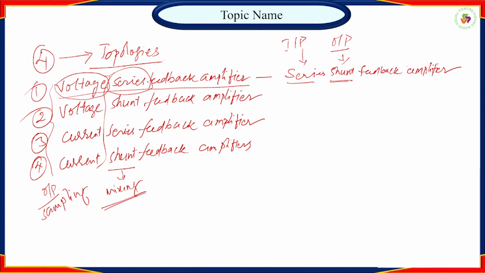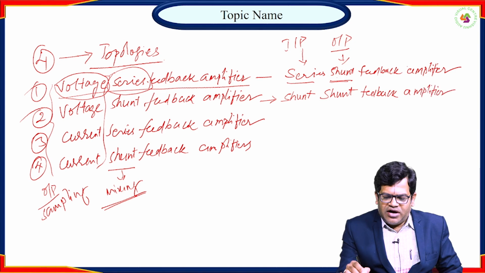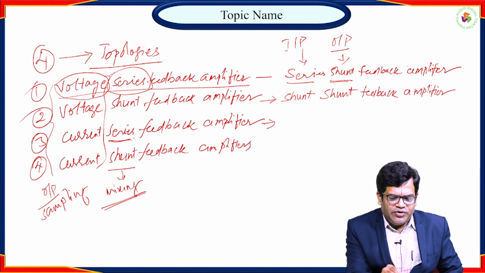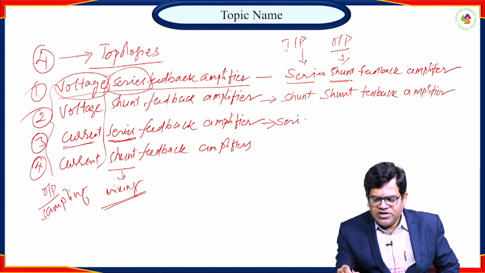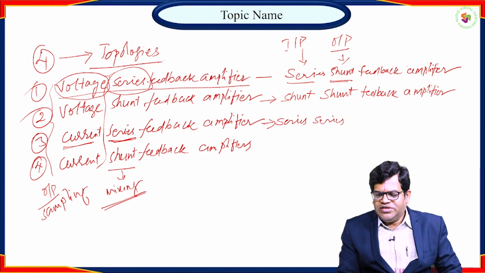The other way of defining these feedback topologies is like this. Similarly, for the second, input is shunt, and because the output is voltage, the output is also shunt. So it is the shunt shunt feedback amplifier. In the third case, the input is mixed in series, and the output is current, so the output is considered series.